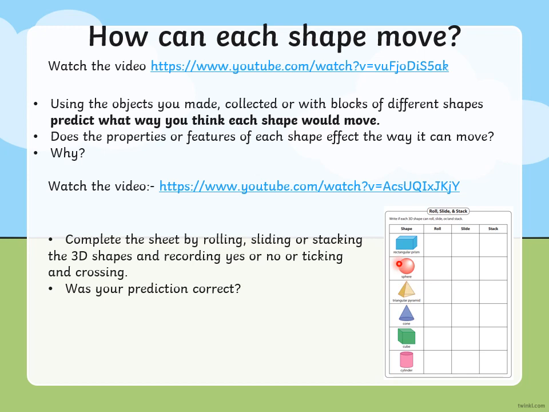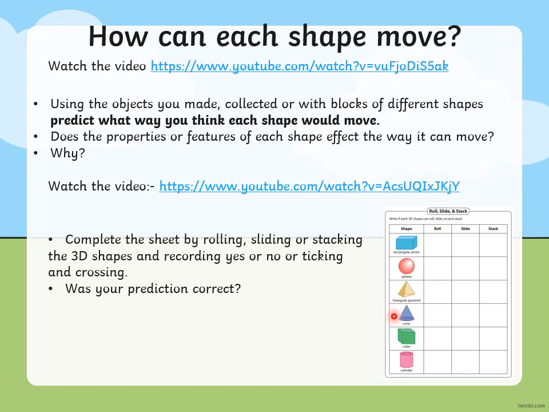Okay, so then we've got our sphere. We're going to have a little experiment and we're going to see if it will roll, slide, or stack. Some of them might be able to do two things. They might be able to roll and stack when we move our shape in different ways.